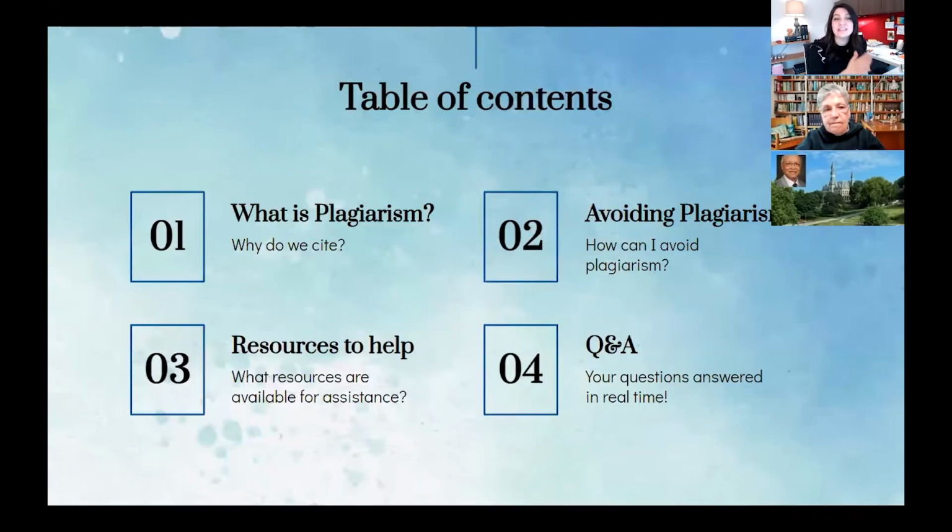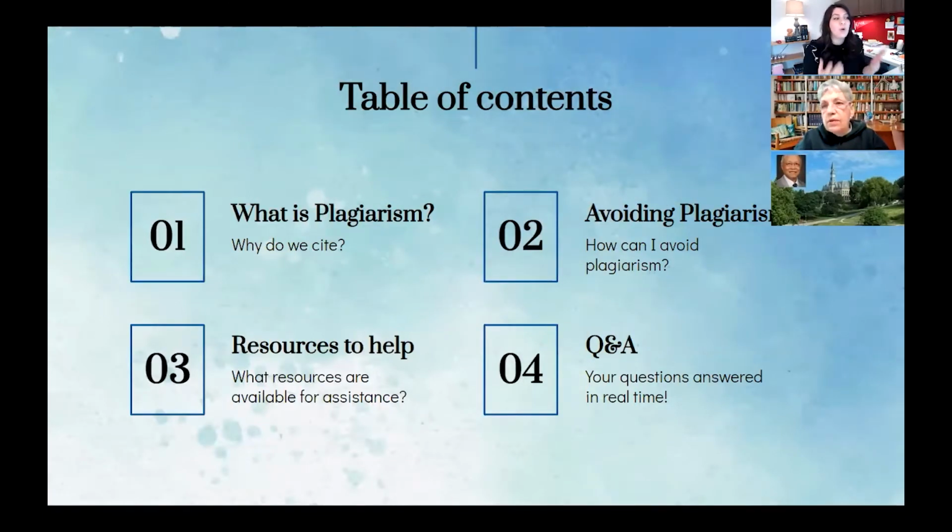So you can see this is what we'll be talking about today. We're going to start with what is plagiarism. What exactly defines plagiarism and why do we need to cite our sources? We'll also discuss how we avoid plagiarism and how we correctly cite our sources. I'm going to offer some resources to help you. We have so many resources here at the library that you may or may not be aware of.